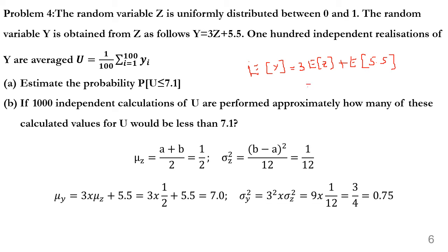Here expectation of z is mu z, and expectation of 5.5 is 5.5. Therefore mu y is equal to 3 times mu z plus 5.5, that is 3 into 1 by 2 plus 5.5, which gives you 7. Similarly, sigma y square is equal to 3 square into sigma z square, that is 9 times 1 by 12, which is 0.75.